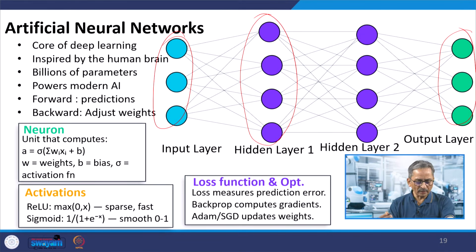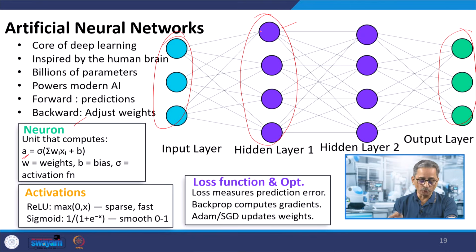Here we define the neurons, and these neurons compute A, the output coming from a neuron.